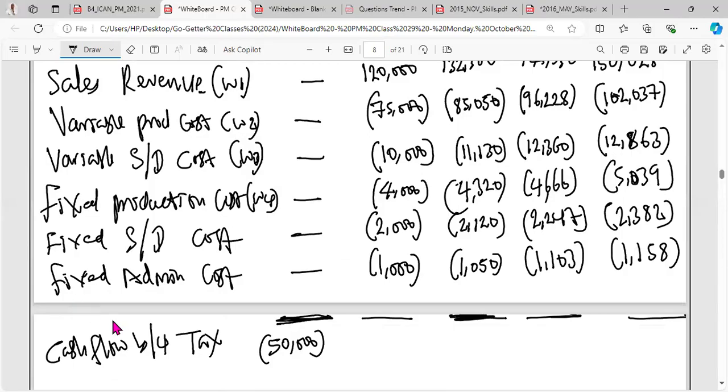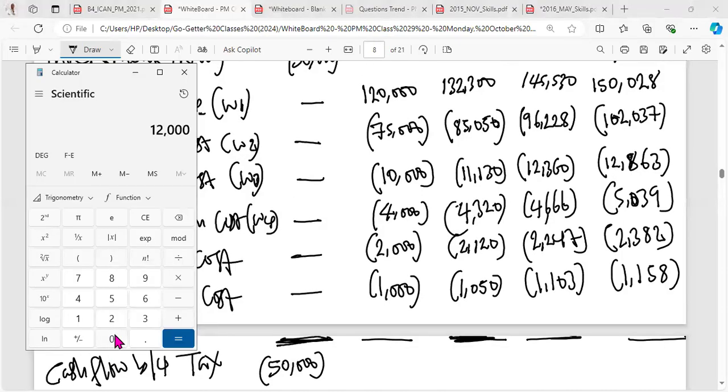We have 120,000 minus 75,000 minus 10,000 minus 4,000 minus 2,000 minus 1,000. That gives me 28,000 here.